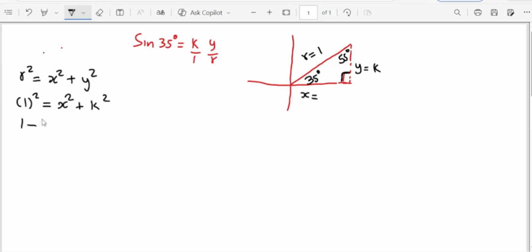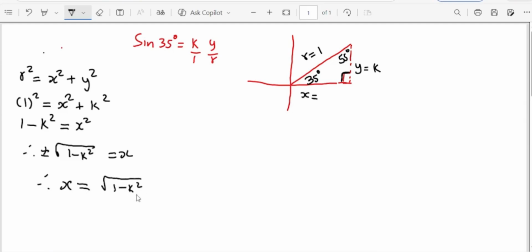We bring the k squared this side to be negative k squared, and this is equal to x squared. We square root both sides, which will give us plus or minus the square root of 1 minus k squared, equals x. But look at the x values. They are all positive in the first quadrant. x will be just the square root of 1 minus k squared.